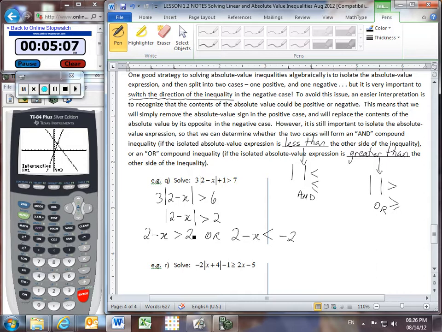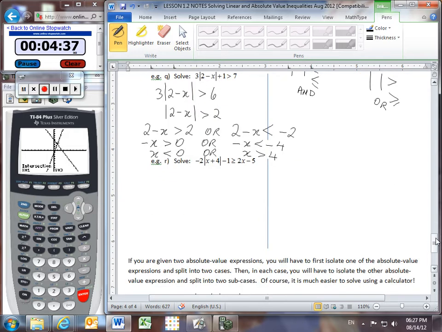If I bring the 2 over, subtract 2 from both sides, negative x is less than 0, divide both sides by negative 1, and x will be less than 0. Or, subtract 2 from both sides here. Negative x is less than negative 4. Divide both sides by negative 1. X is greater than positive 4. So there's your solution. X is less than 0 or x is greater than 4.